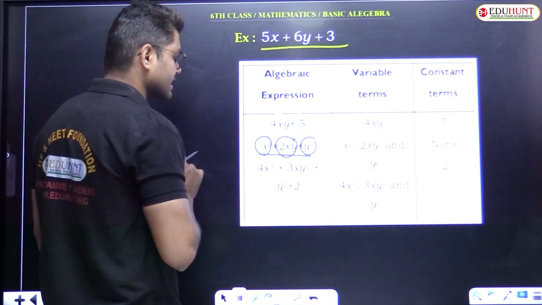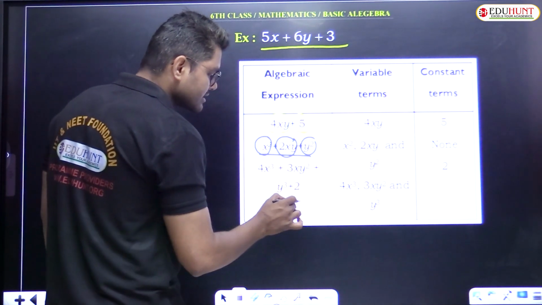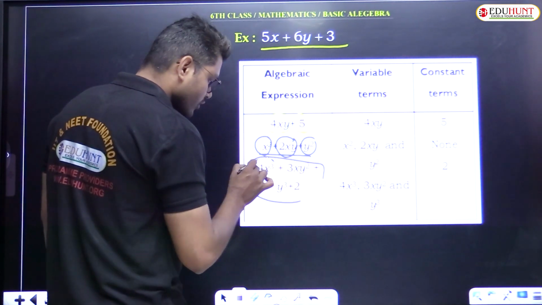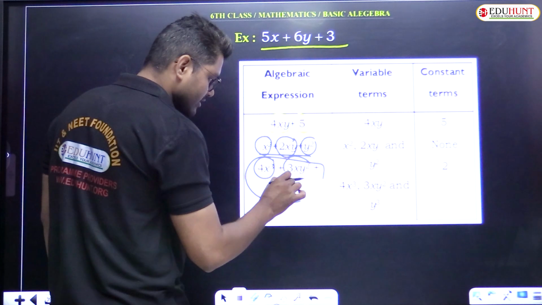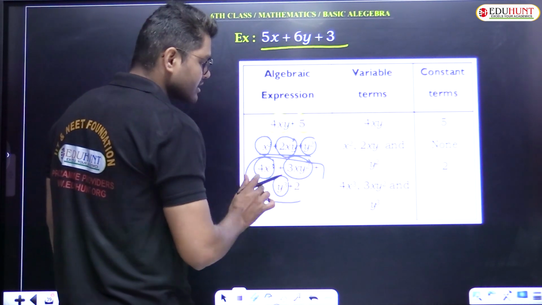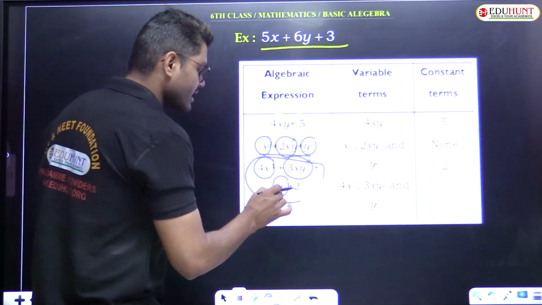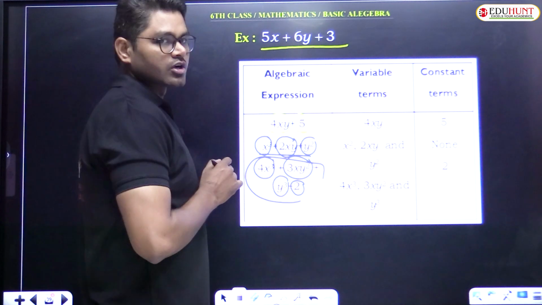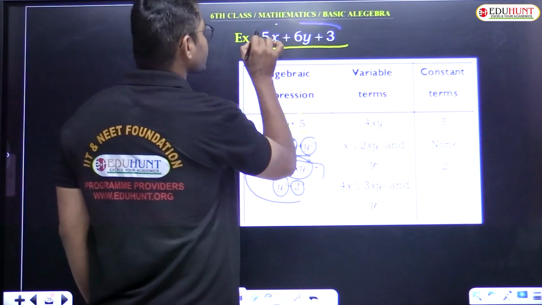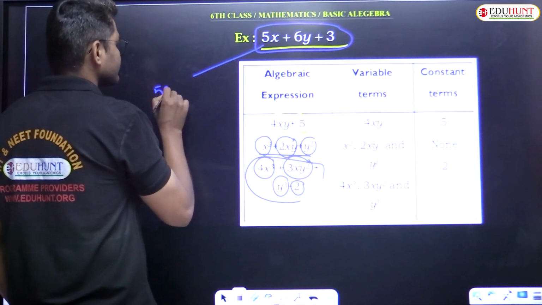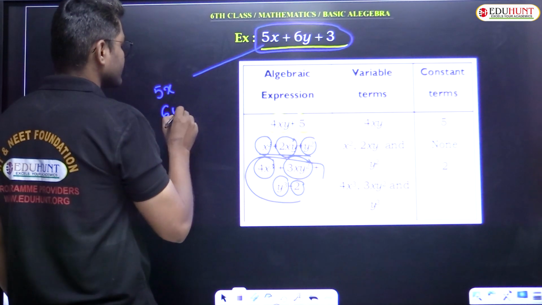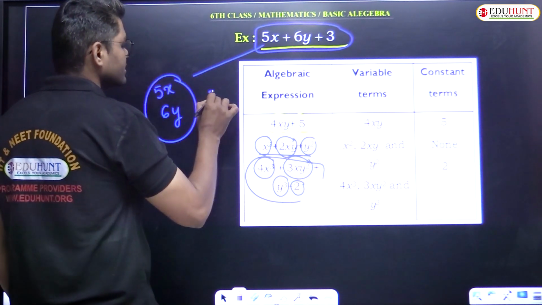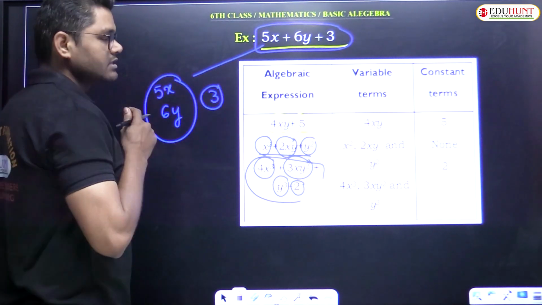If I take 4x cube plus 3xy square plus y cube plus 2, the first three are variable terms and 2 is a constant term. In 5x plus 6y plus 3, 5x and 6y are variable terms, 3 is the constant term.